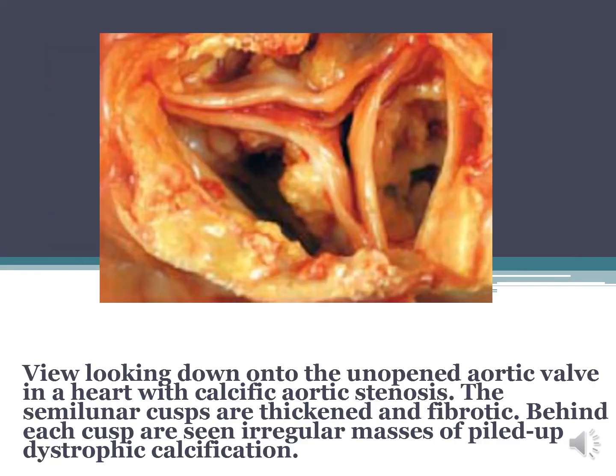If you're looking down onto the unopened aortic valve in the heart with calcific aortic stenosis, the semilunar cusps are thickened and fibrotic, and behind each cusp are seen irregular masses of piled up dystrophic calcification.